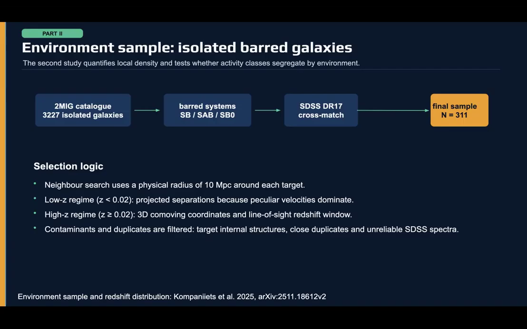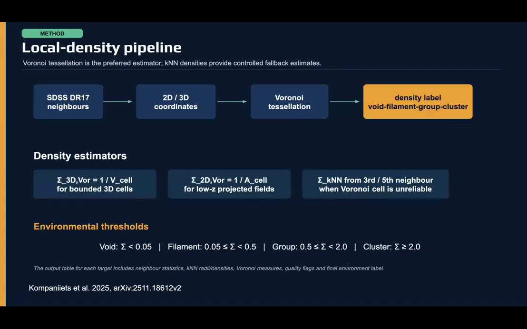So about our result with environment influence, we used different methods to calculate the environment properties, and to estimate density the best way is 3D Voronoi tessellation. But when we haven't enough data for using 3D Voronoi tessellation, we used 2D Voronoi tessellation or k-nearest neighbor.